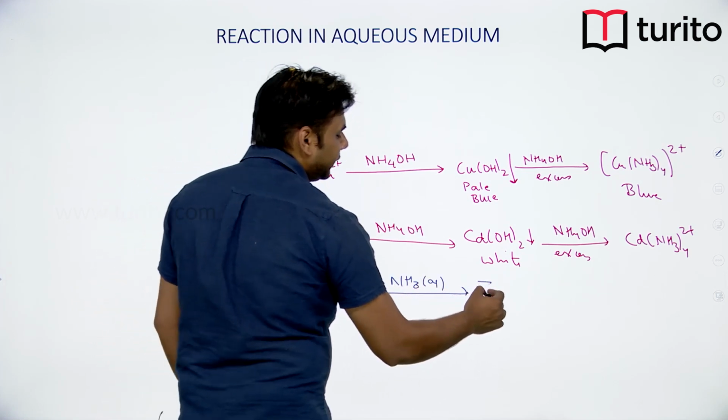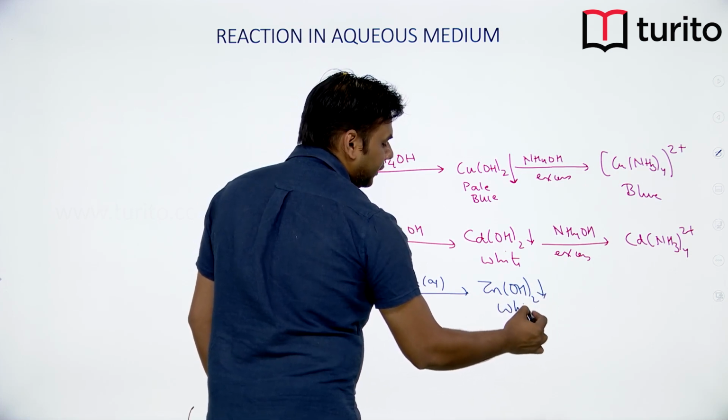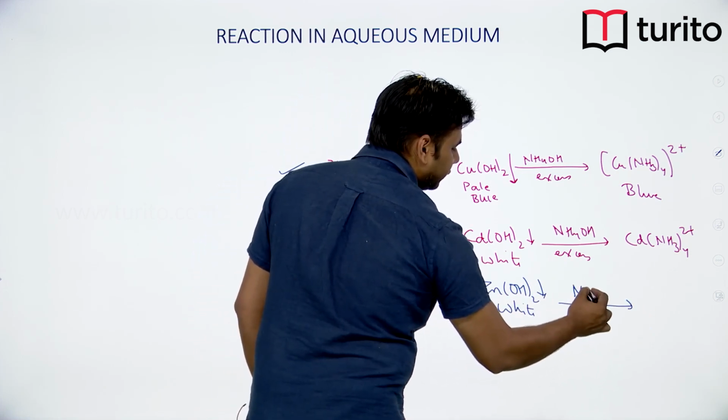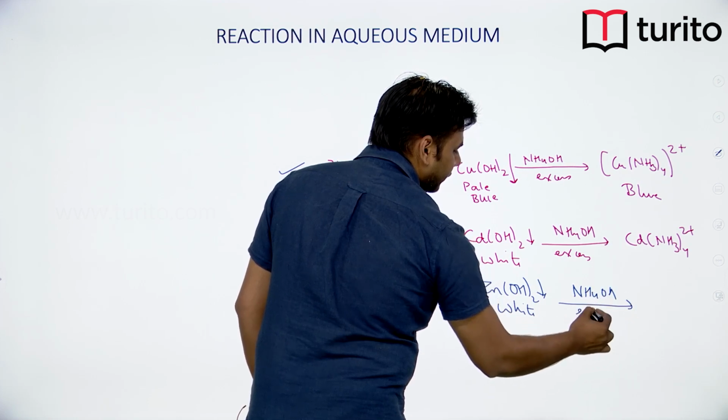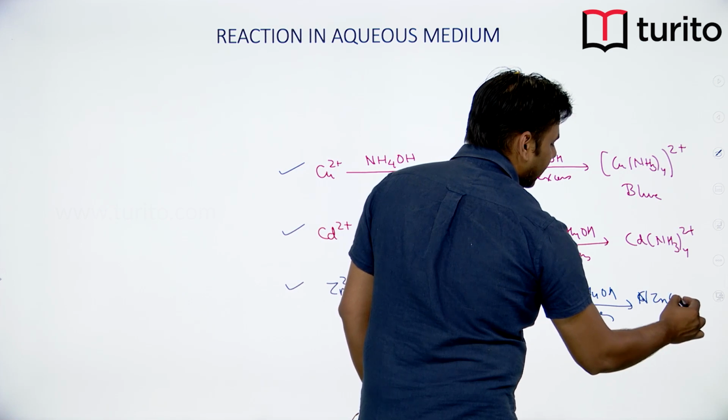Similarly, if you take zinc 2 plus and react it with aqueous ammonia or ammonium hydroxide, we get zinc hydroxide. We know that zinc hydroxide is a white precipitate. On dissolving in excess of NH4OH, we get Zn(NH3)4 2 plus.